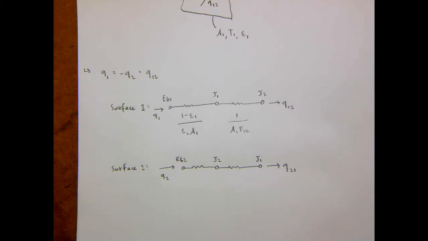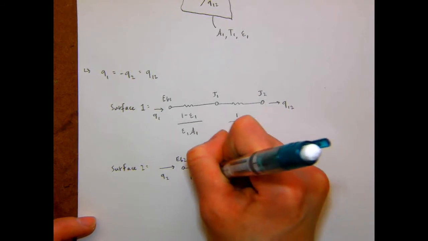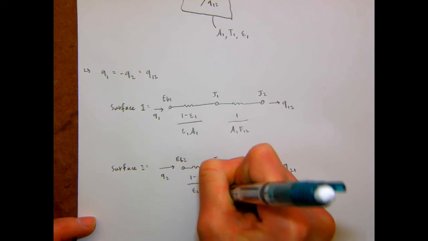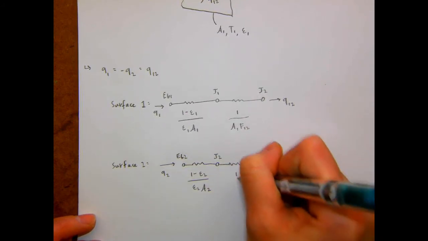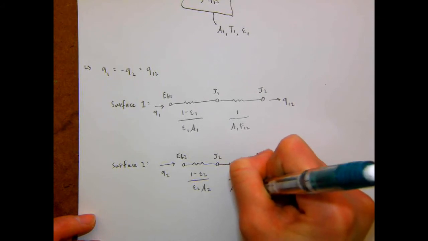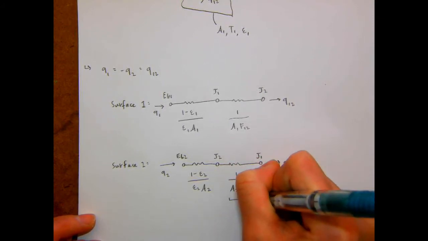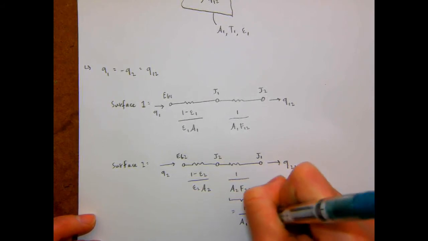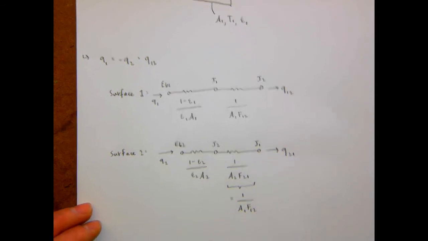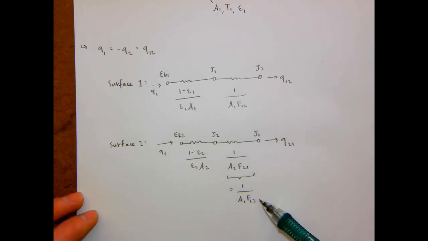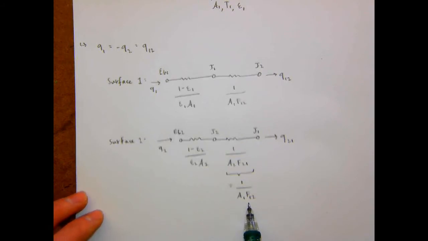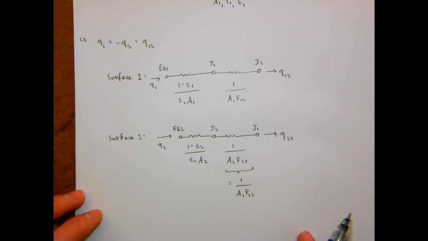And then that's the net radiation exchange between surfaces 2 and 1. And then we have the resistances. And then from our reciprocity relation with the view factors, we can say that this resistance is equal to A1F12. Any questions about how that's set up?